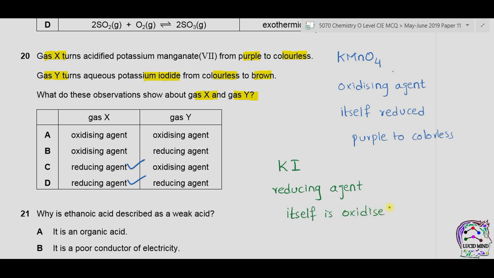When it is oxidized, it changes from colorless to brown. It means that gas Y, which has turned it from colorless to brown, is an oxidizing agent, as gas Y has oxidized potassium iodide and potassium iodide has reduced gas Y. Correct answer is therefore C.